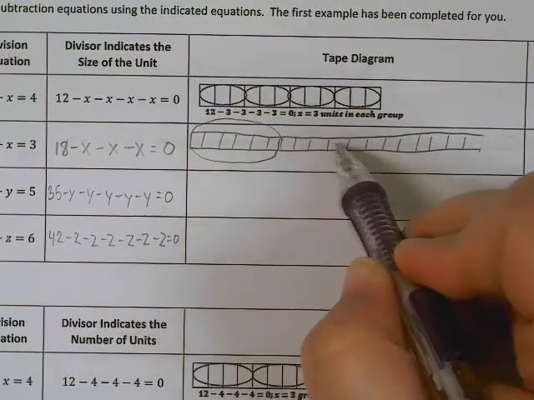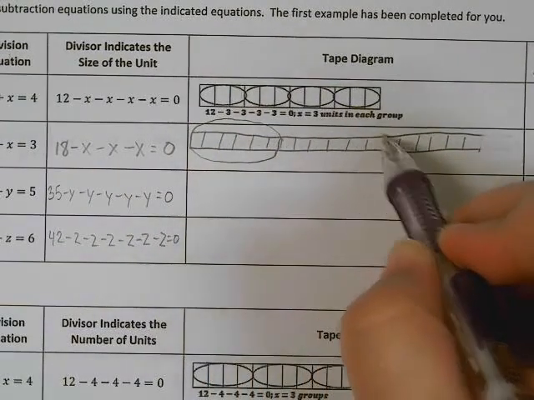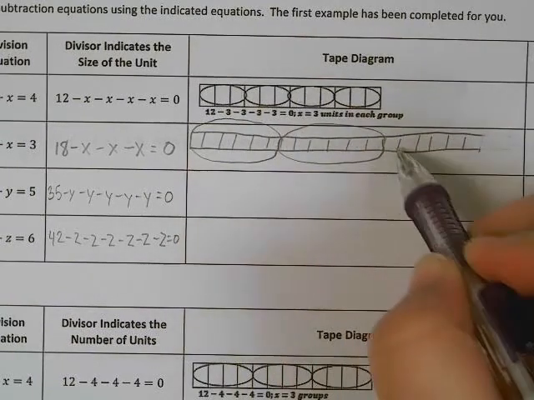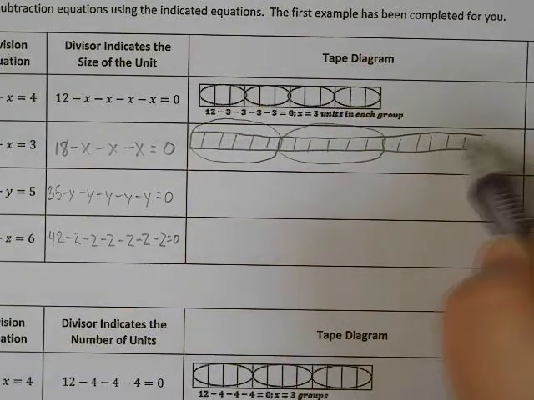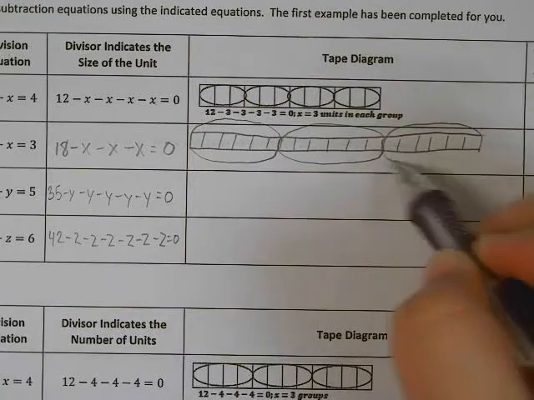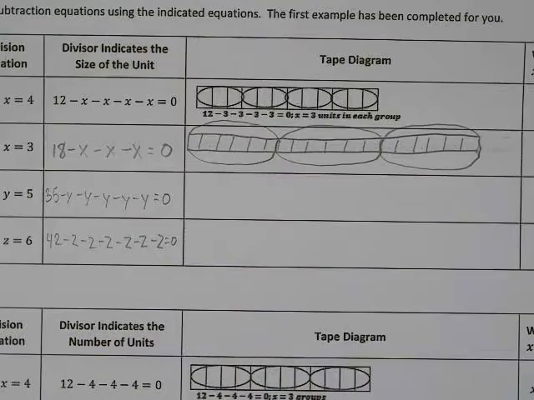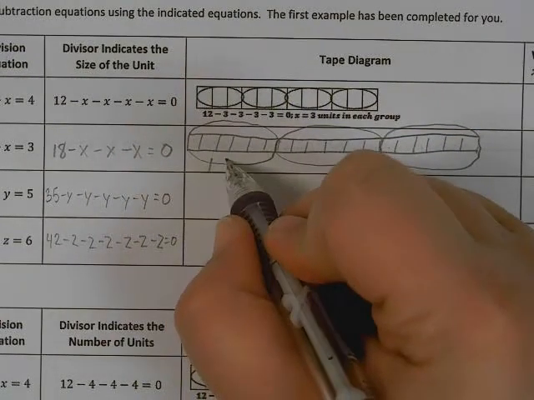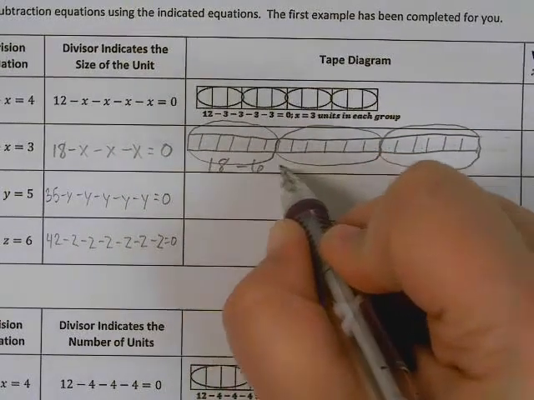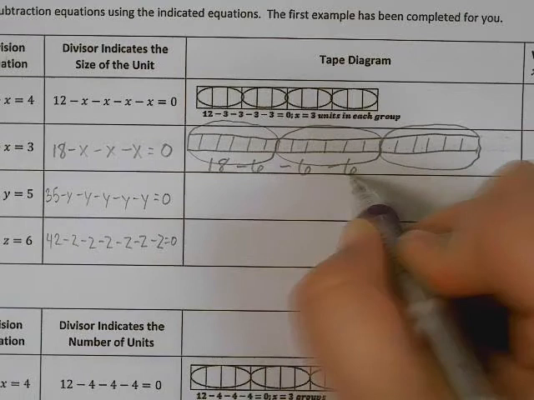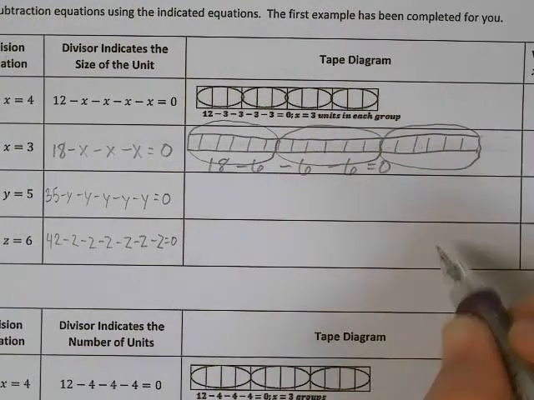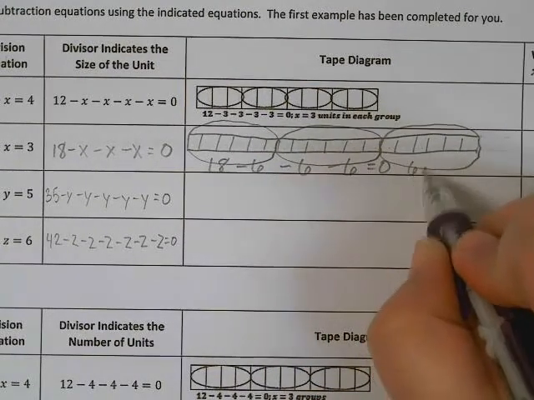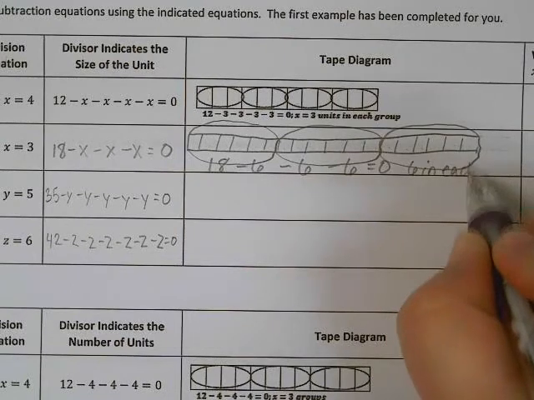And you can see that each group was equal. So 18 minus 6 minus 6 minus 6 is equal to 0. There are 6 in each group.